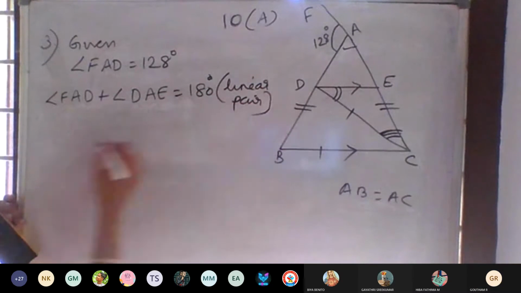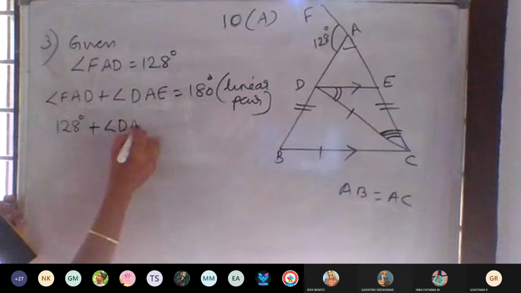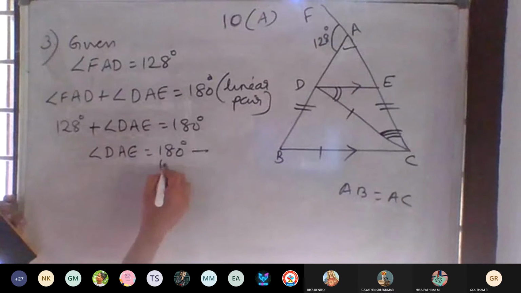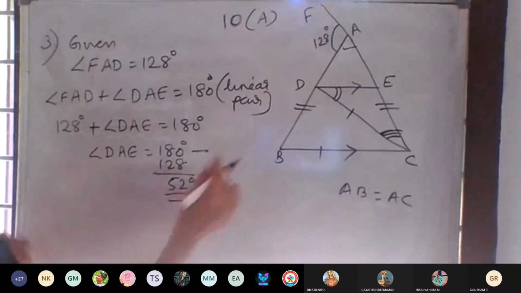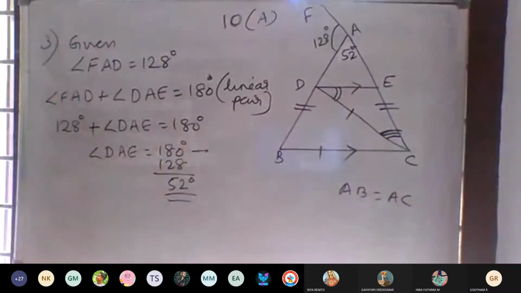FAD we got as 128, plus angle DAE is equal to 180 degree. Therefore, angle DAE is equal to 180 degree minus 128, which is equal to 52. So this angle we got as 52 degrees. Any doubt in this? Clear now? Yes, ma'am, clear.